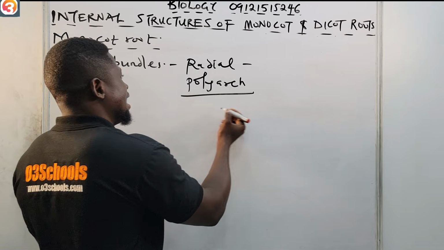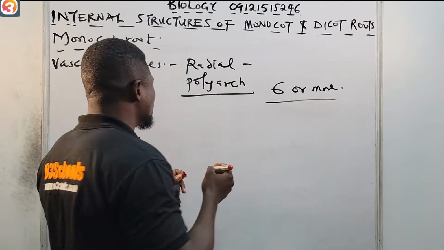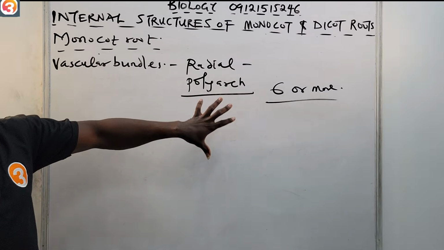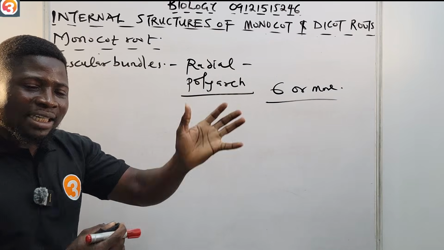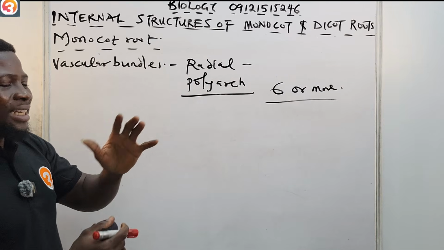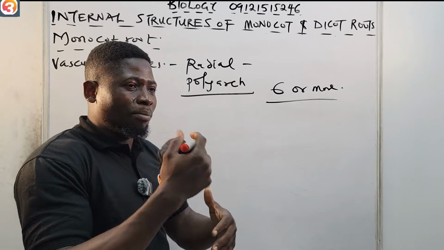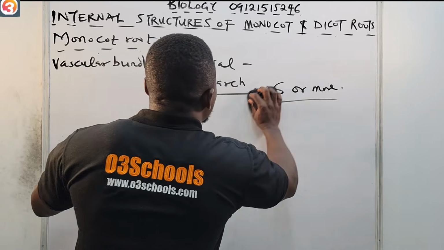They are usually 6 or more. So we say they are radial and polyarch, arranged in alternate radii.